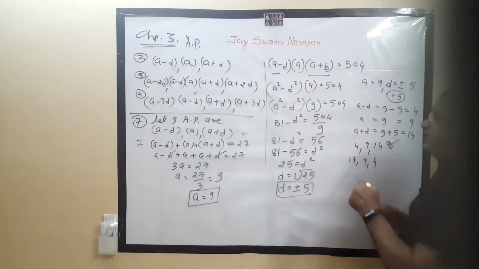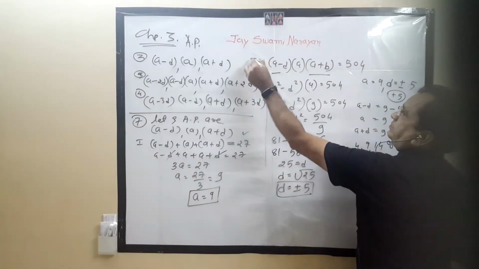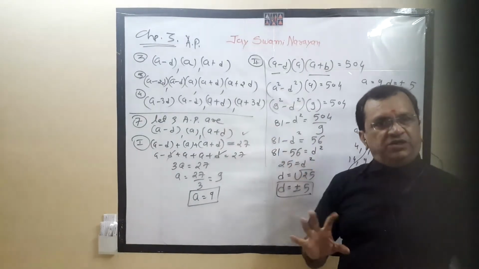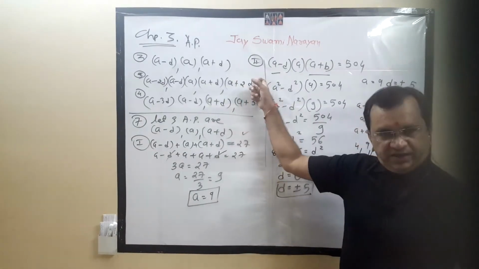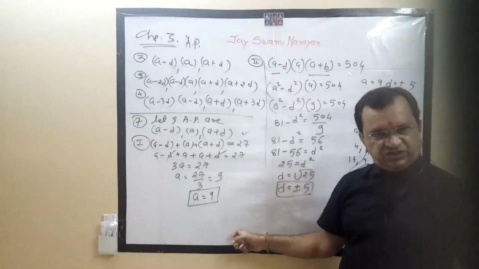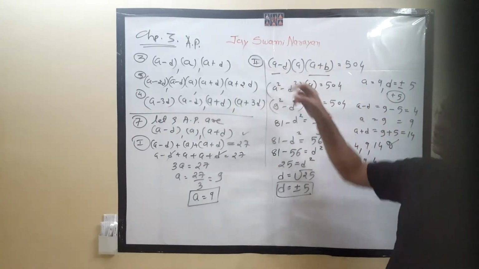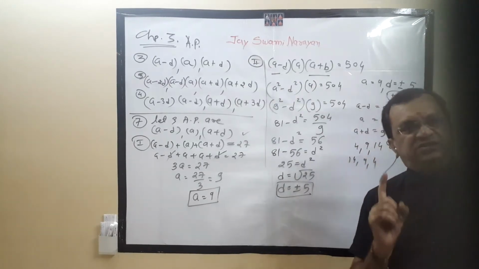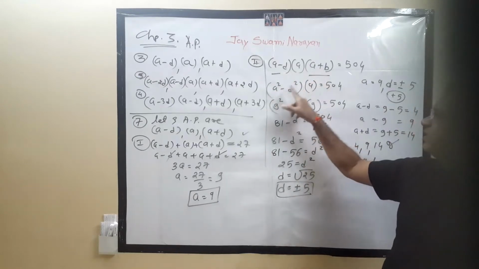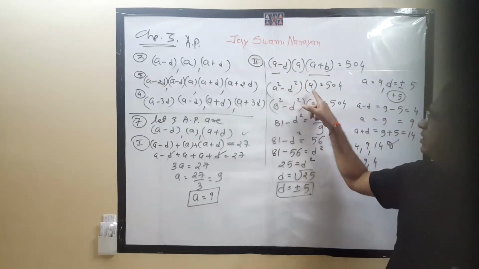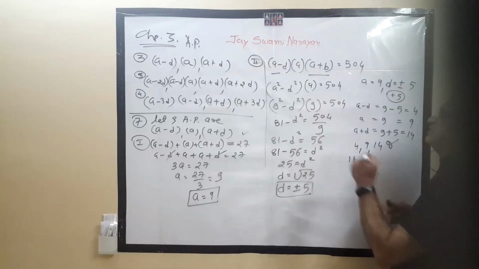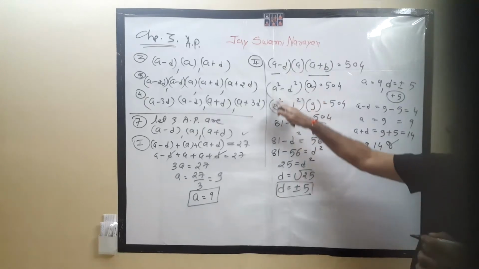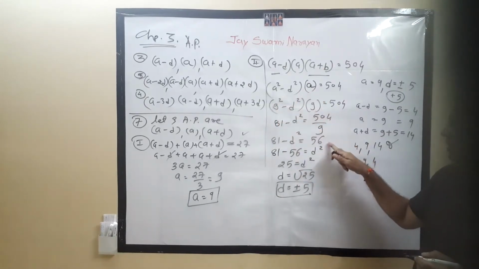Now condition number 2. Always they will give 3 or 4 or 5 numbers, then they will give one condition, then a second condition. Second condition: first bracket into second bracket into third bracket is equal to 504. First and last product is A squared minus D squared. Here A means 9, so 9 squared means 81. 9 goes down, it is 56.